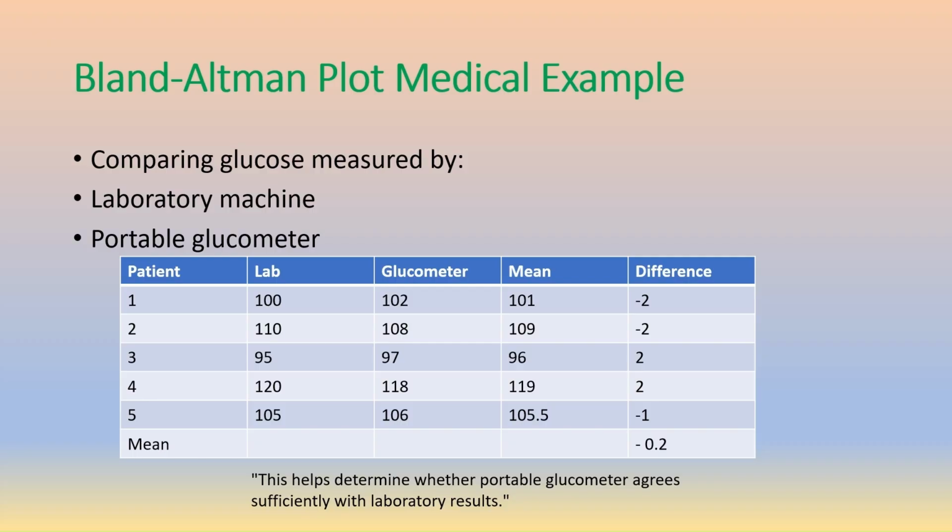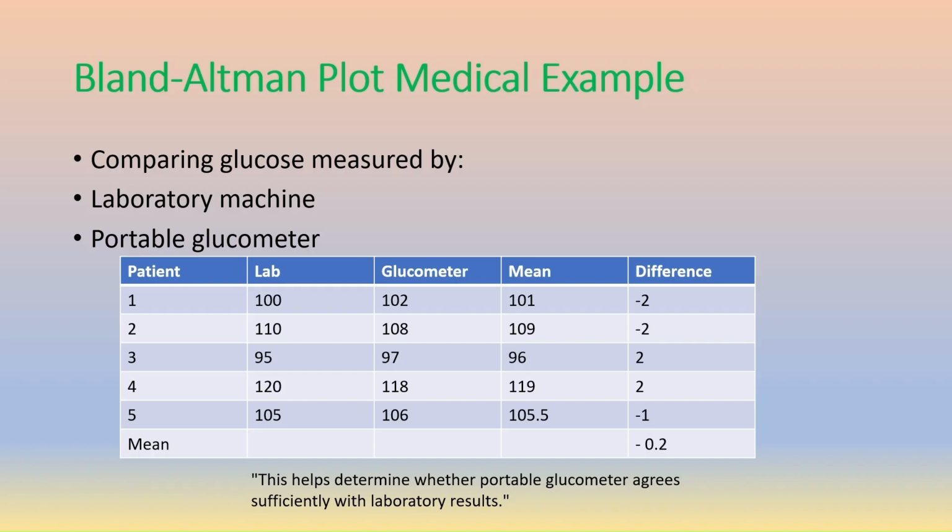Find the mean and the difference between the lab and glucometer readings, then draw the Bland-Altman plot. We have 5 patients' readings, lab readings and glucometer readings.